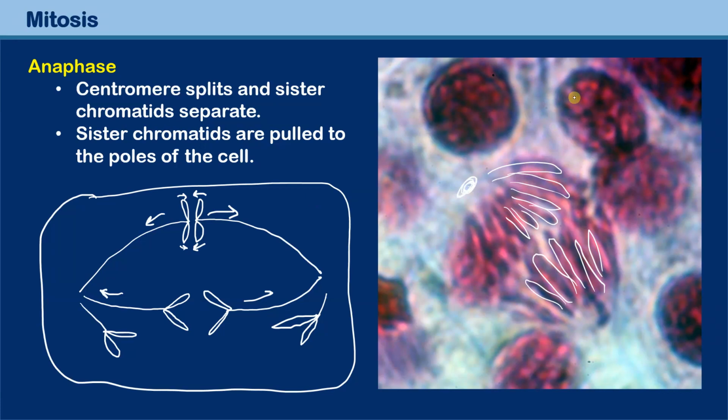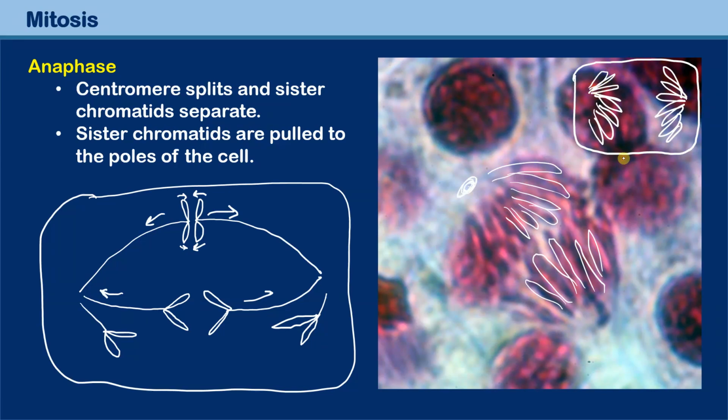Now I'm a little bit out of space, so I'm going to draw it simply into the picture over here. So that's my cell over here, and the spindle fibers are really short, so all the arms of the chromosomes kind of look a little bit like this at the very end. You've got many of these chromosomes now.